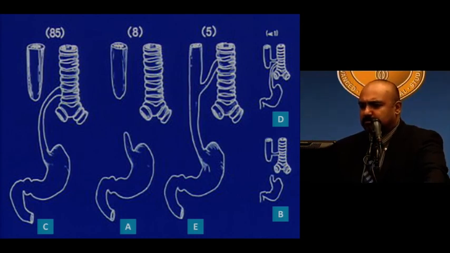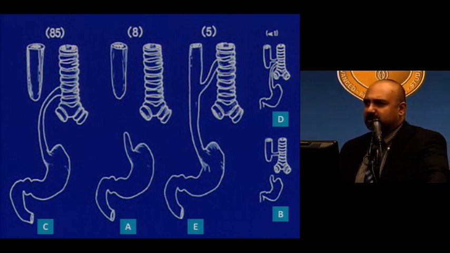So these are the pictures of the different types of atresias. Now, the pictures are arranged in the order of percentages. However, the names underneath are the actual types of fistulas. So we're going to go by the letters, and I'll tell you the quick way of remembering these.